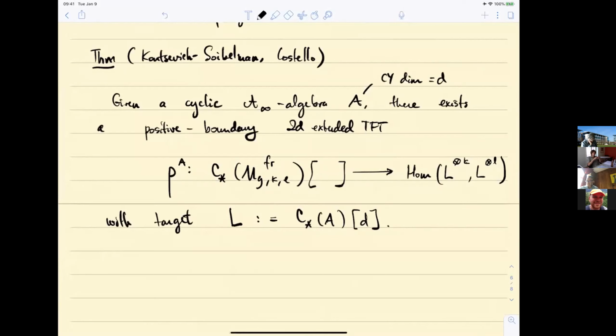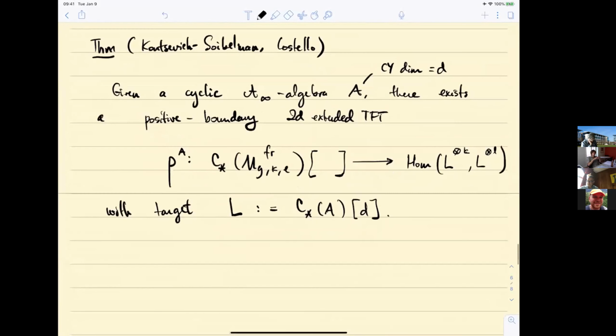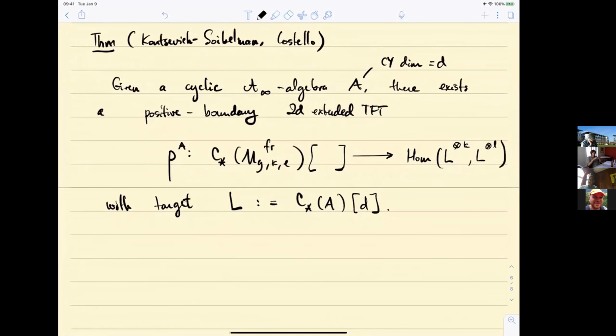What this theorem says is the following. Let's say you start with a cyclic Calabi-Yau A infinity algebra A. Let's go back to our basics and pretend that we were just having a Frobenius algebra.